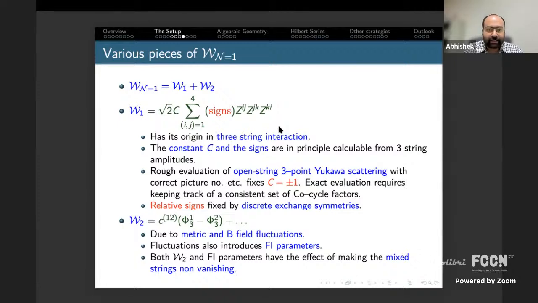We have done that, and it turns out that this C is basically plus or minus 1. The signs can also be fixed exactly if you keep track of all the cocycle factors, etc., in this worldsheet calculation for the amplitudes, but we do not have to.